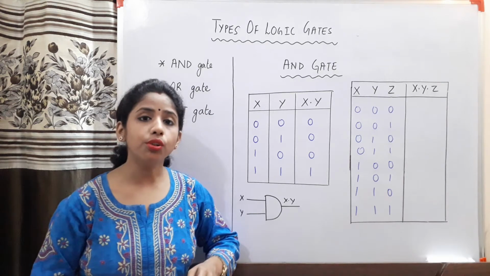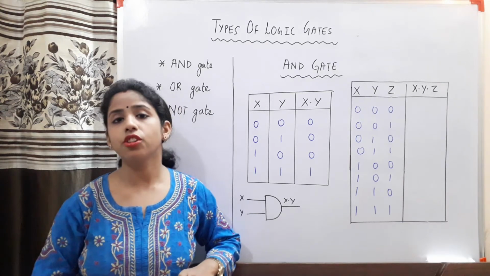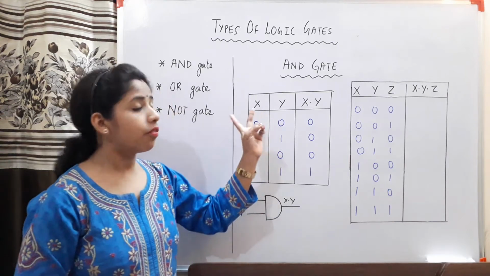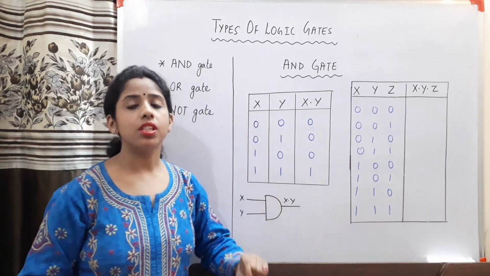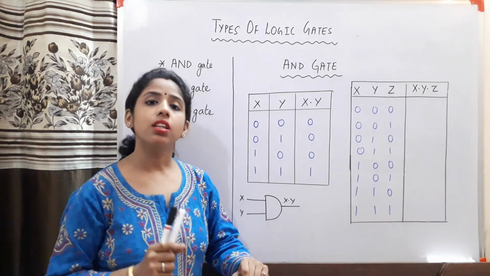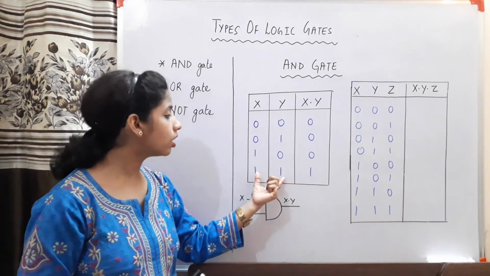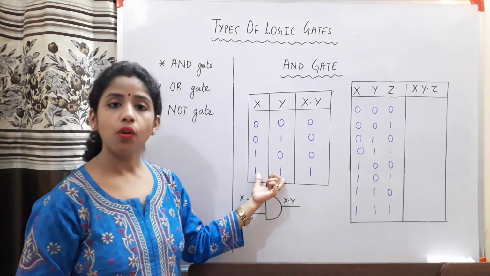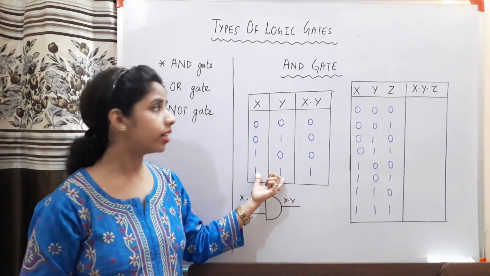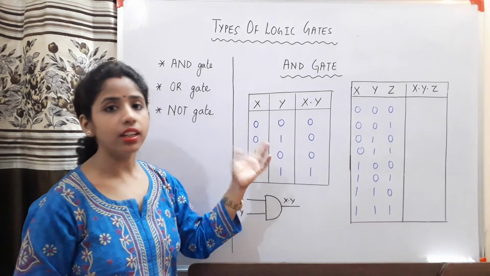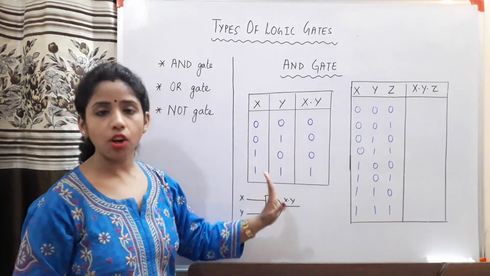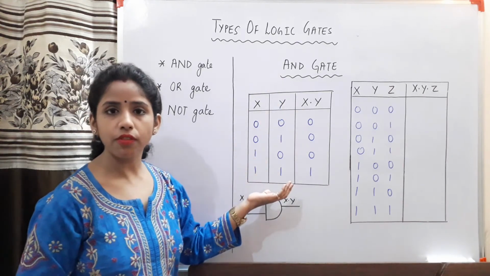I told you that logical multiplication means that even if one of the inputs is 0, then the output will be 0. Meaning for the output to be true, all the given inputs should also be true. The same is the case with the AND gate, nothing different. It will perform the logical multiplication of its operands.